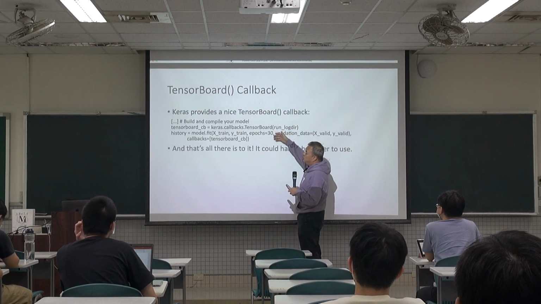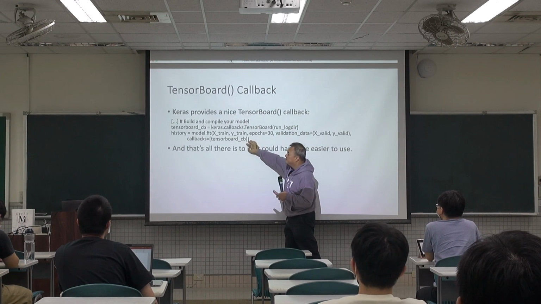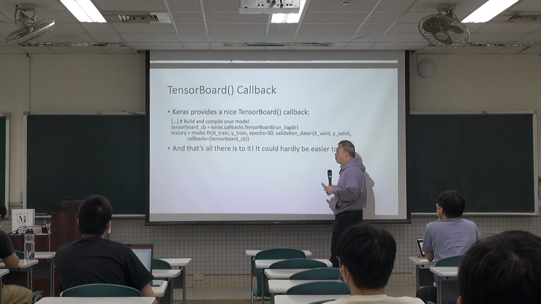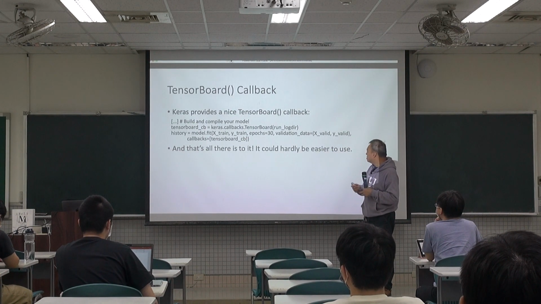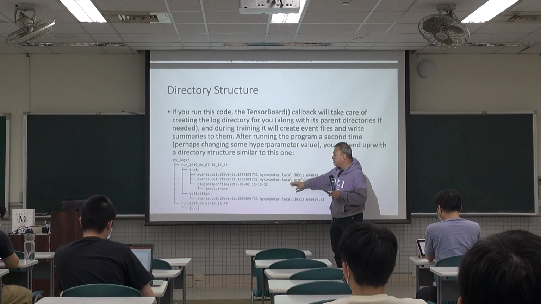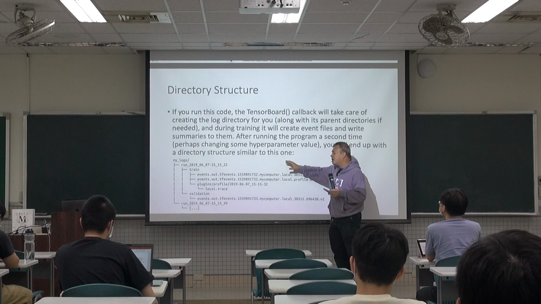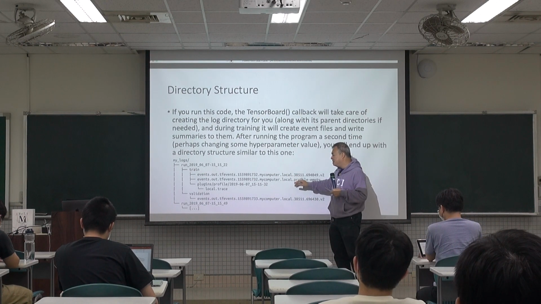Then when you do the model fitting, you provide this callback. After that, you can use TensorBoard to visualize the result, and here it shows you the structure of the location where the intermediate result is saved.